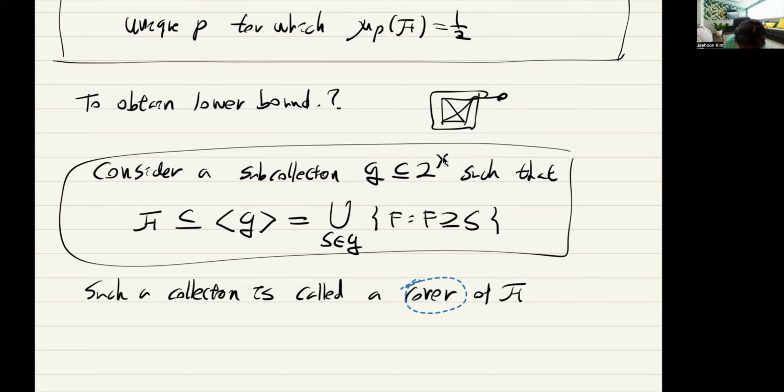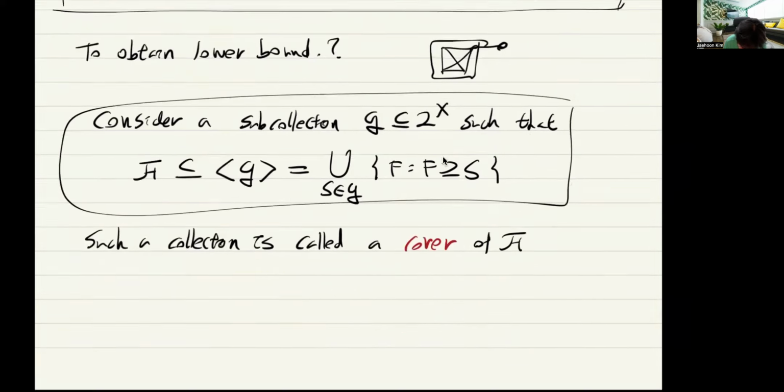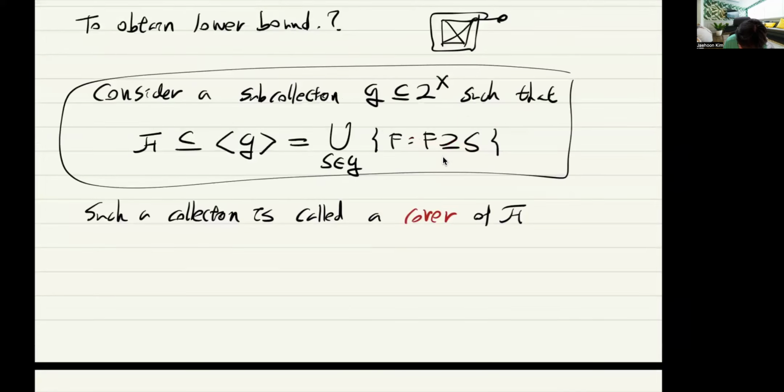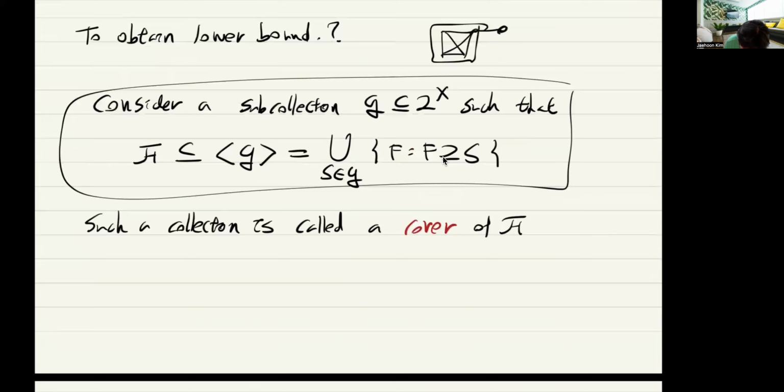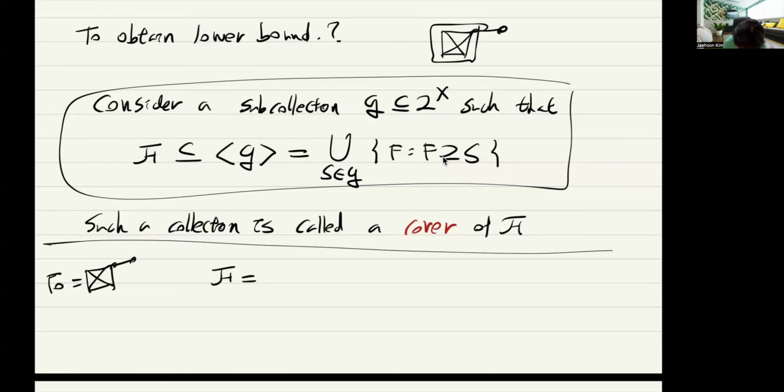What's this F? What's this cover? For example, let's consider this F0K. There, what's F?